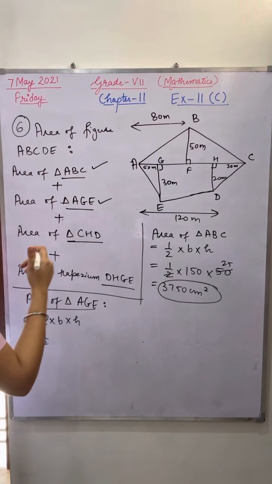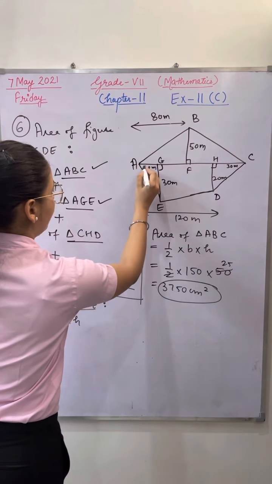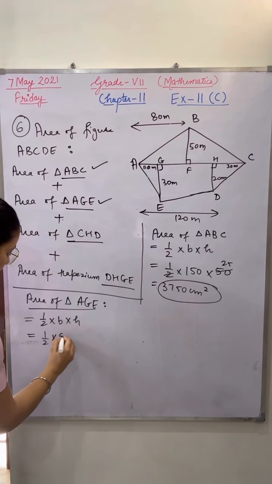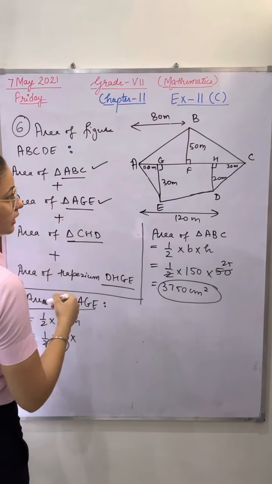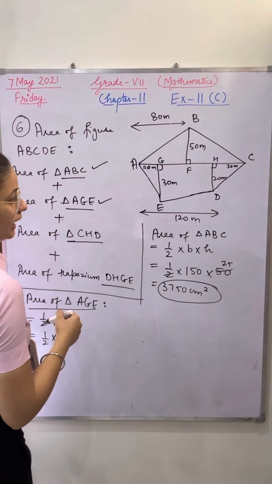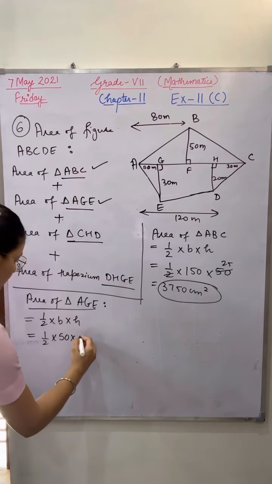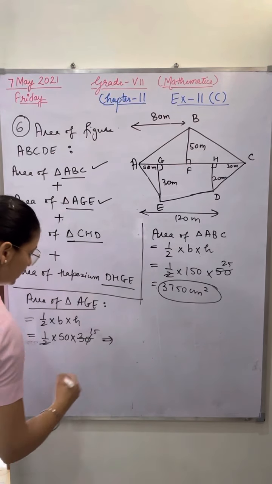60 meters? Where have I written 60? I have written 50. Okay? 50. And what is the height here? Height is 30. Okay. So tell me 215, and tell me the answer of this triangle area.